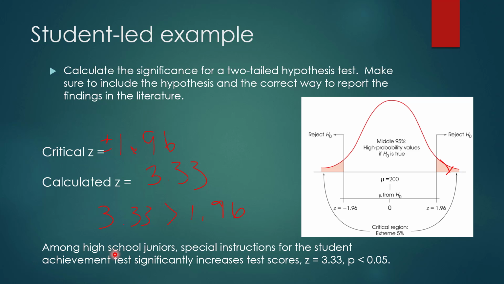So among high school juniors, because that was our population, special instructions for the student achievement test significantly increases test scores. And then we would write z equals our calculated z-score at a p less than 0.05. So this is how you would report it in the literature. So we reject the null hypothesis.